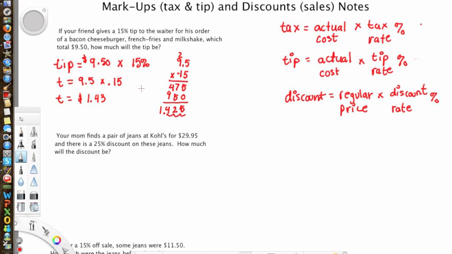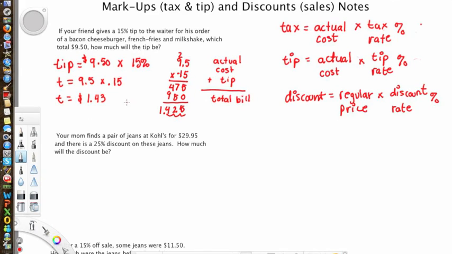And how much does this cost my friend altogether? Well, we'd say that the total cost is the actual cost plus the tip, which gives me my total bill.